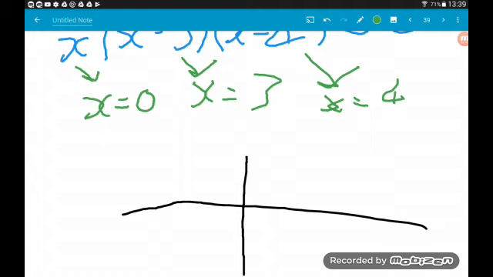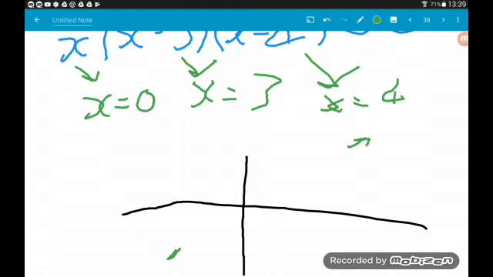If the x cubed term is positive, then we start in the bottom left. So the graph's going to start down here somewhere, and it's going to end up over here in the top right part of the graph.